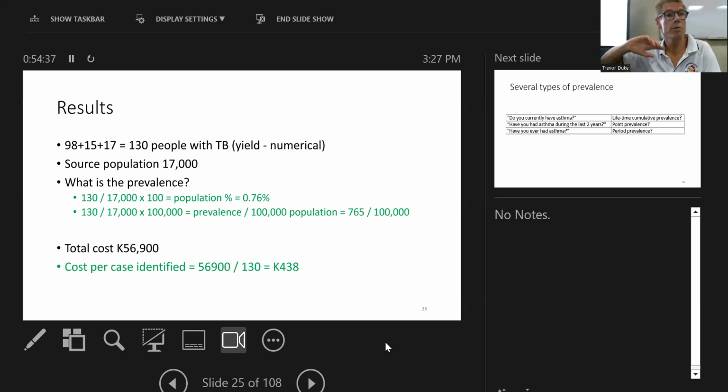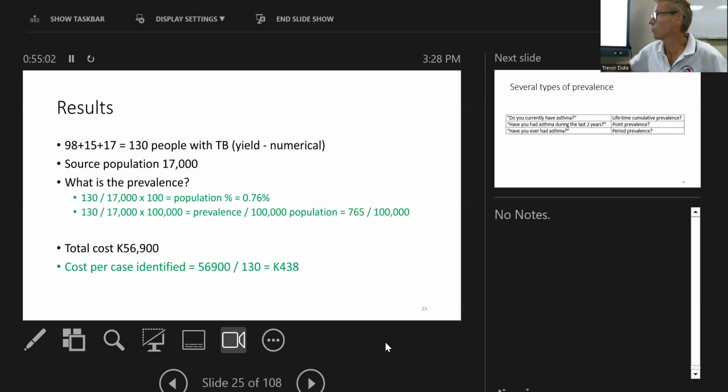Now, again, remember I said that mostly when we're talking about TB prevalence, we're talking about the number of people with the disease per 100,000 population, right? And so if you multiply it by 100,000, exactly like you did, Dasha, you get prevalence per 100,000 population, 765 per 100,000 population. I'm not sure whether you know, but that's a very high prevalence, right?